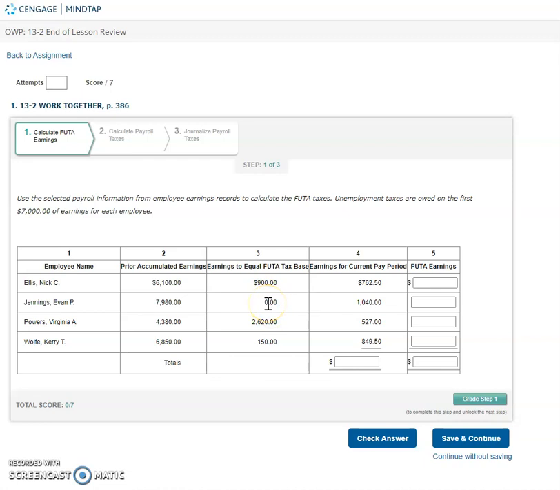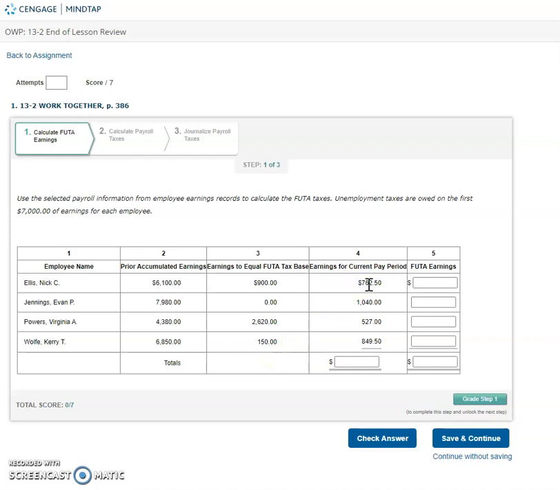When we look at this one, if we were to take 7,000 minus their prior accumulated earnings, we would get a negative number, and so it's just going to be 0. This one, we took 7,000 minus their prior to get 2,620, and then the last one, 7,000 minus their prior accumulated to get 150. So you will need to know how to figure out this number in the future.